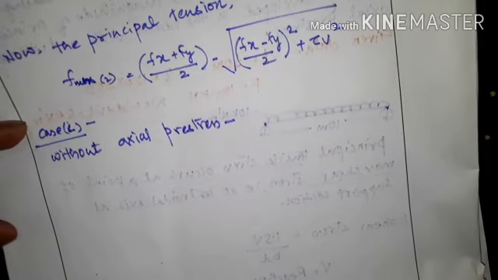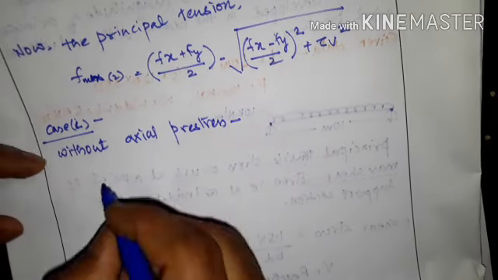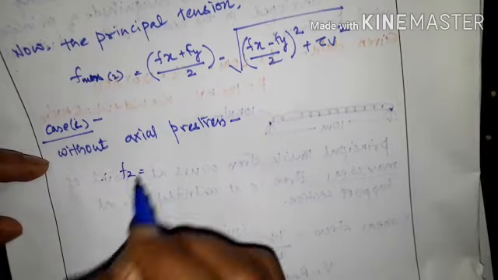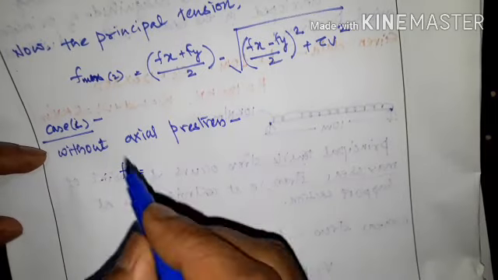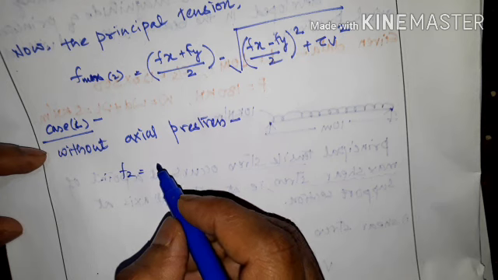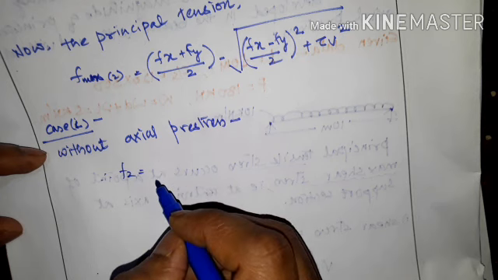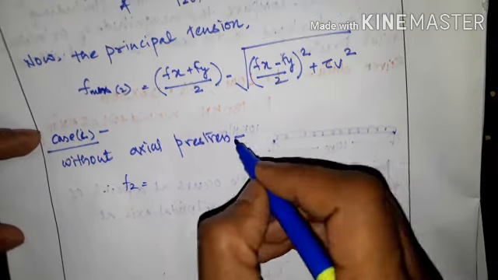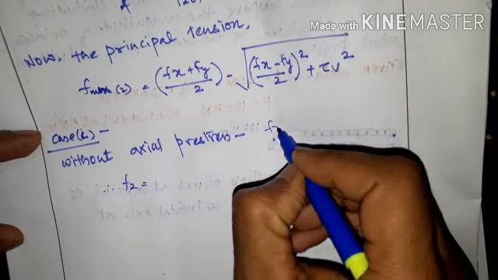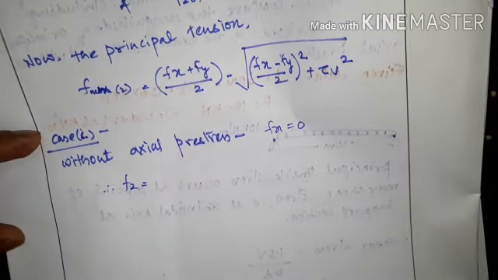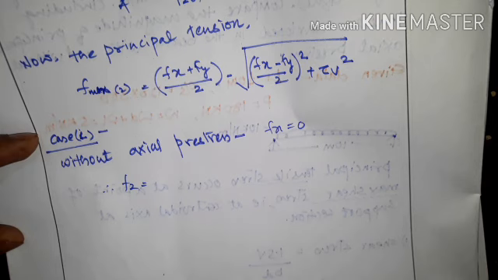Therefore F2 is equal to, Fx is 0 because there is no axial prestress, so automatically Fx will also become 0.